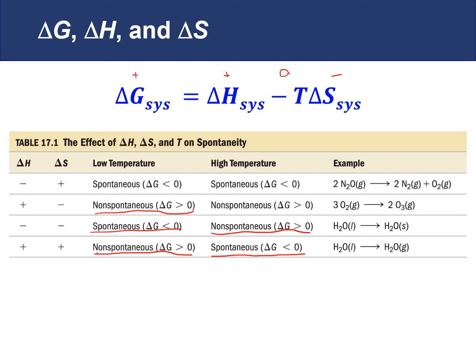If we go to T equal to infinity, then it's a positive number minus infinity times a negative number, so that would be subtracting negative infinity. Subtracting negative infinity gives you a positive infinity, and so G would be positive. And so the reaction would also be non-spontaneous at high temperature.